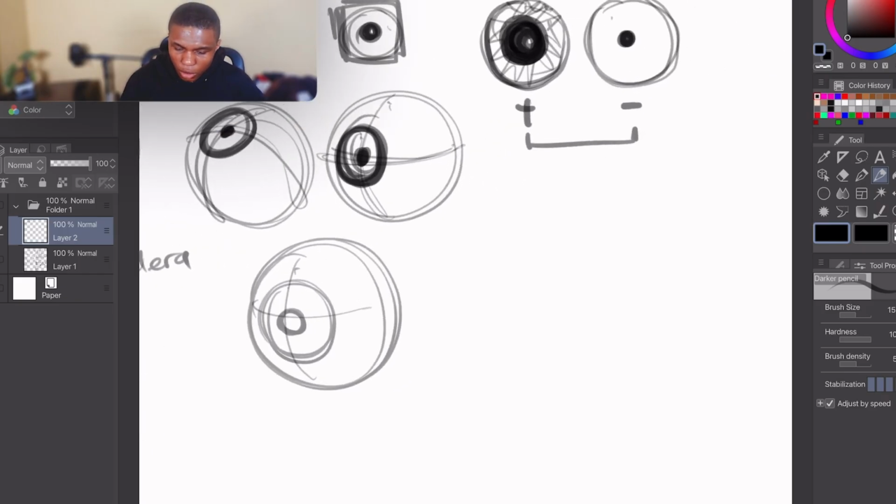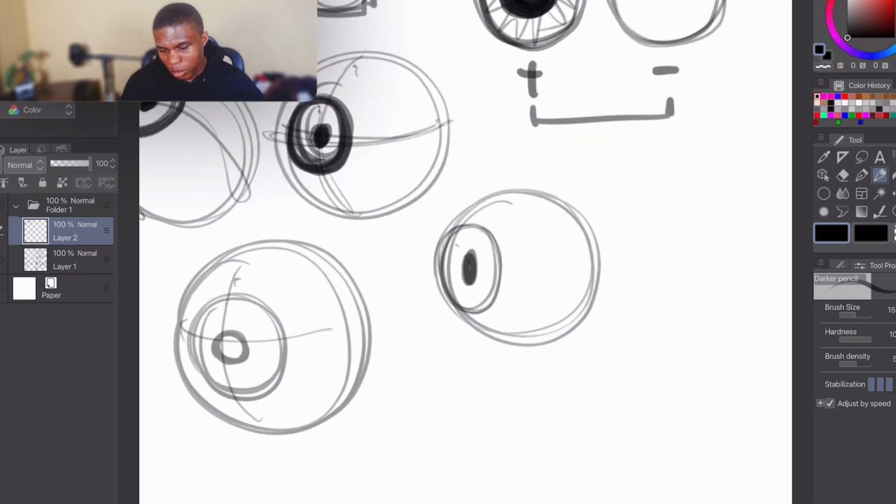So let's just look at this from a side view. So this is our eyeball, then we have our iris, and then we're going to have our pupil like this. Is that correct? That's not correct. We're going to have our pupil like this, actually.